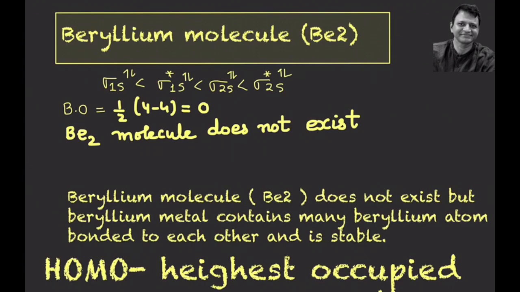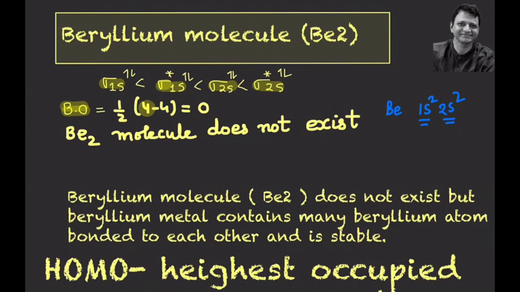Same way we can discuss the beryllium molecule. In case of beryllium atom, the electronic configuration is 1s2 and 2s2. So we can say that all the atomic orbitals are filled, so molecular orbitals formed by the linear combination of these atomic orbitals should also be filled. Here we have written the electronic configuration. In sigma 1s molecular orbital there are 2 electrons, then sigma star 1s 2 electrons, sigma 2s 2 electrons, sigma star 2s 2 electrons.